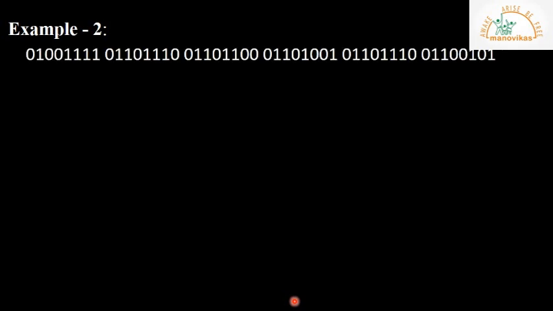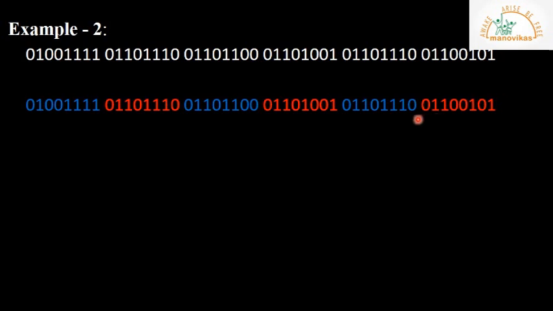Second example is, see, this is your long binary code. By now everyone will remember the steps, I believe. I'll repeat the steps. First one is to rewrite in groups of 8 bits. So I have shown it with different colors.